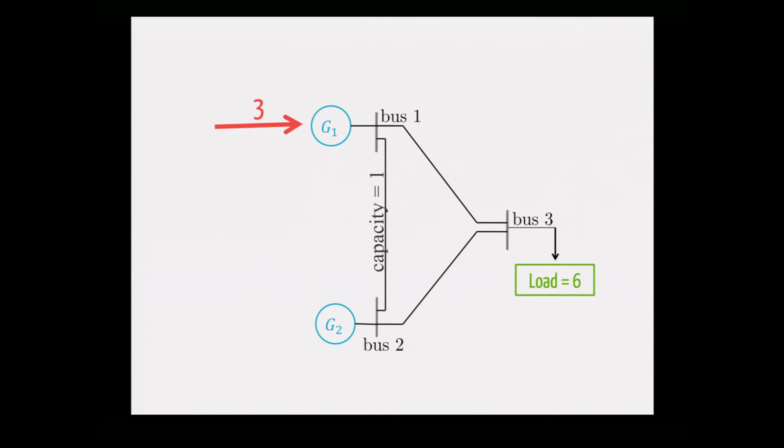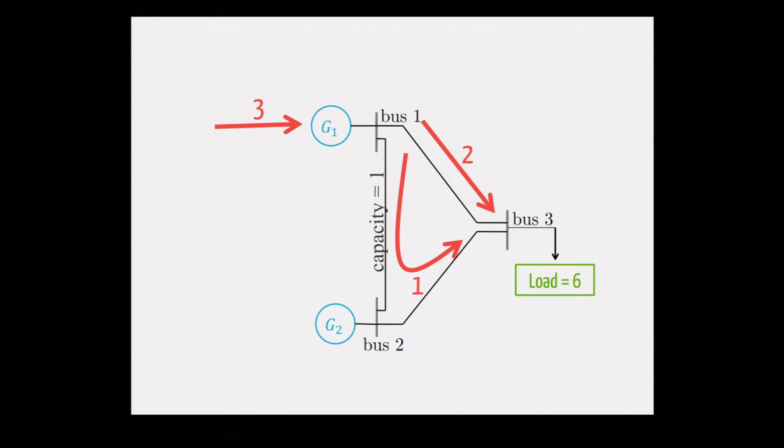And the reason why is, suppose we produce 3 here. Well, we'll take all the lines to be equal impedance, which means that basically, for every 1 you send here, a half goes this way. So if you were going to send 3 to satisfy load there, it would have to go like this through the network. And that's all fine and dandy.